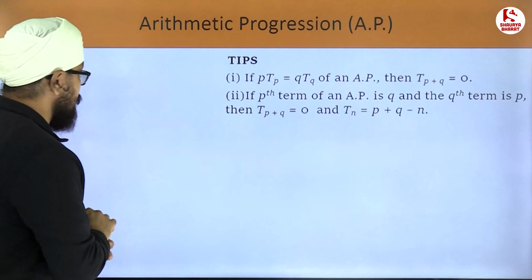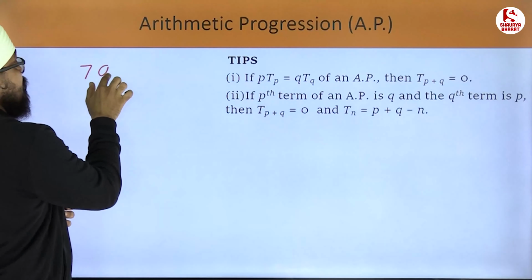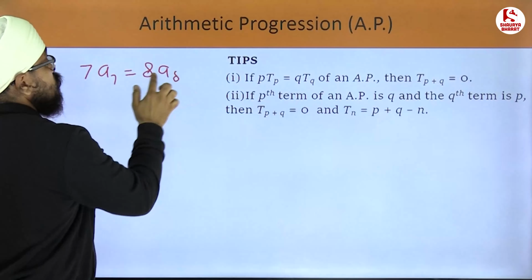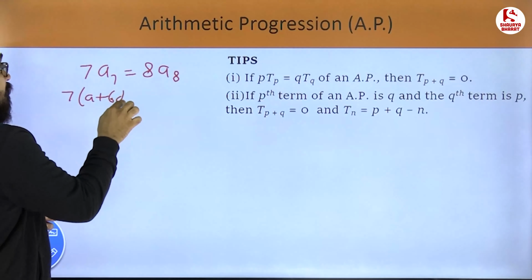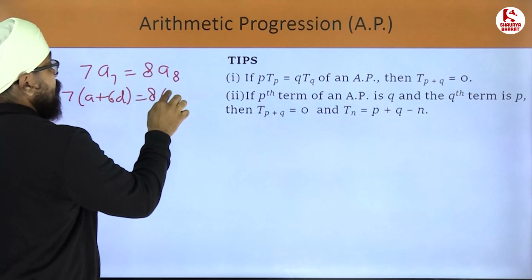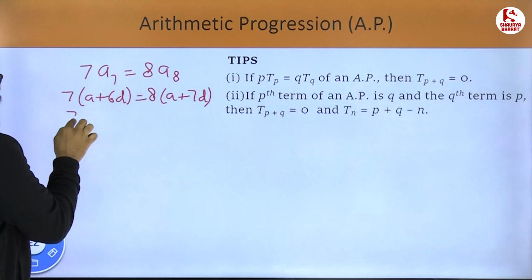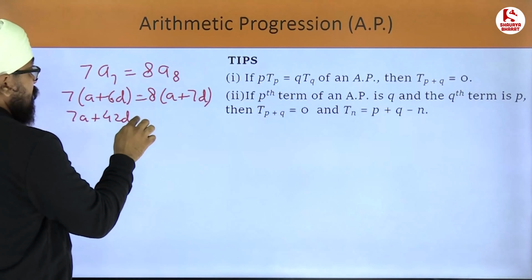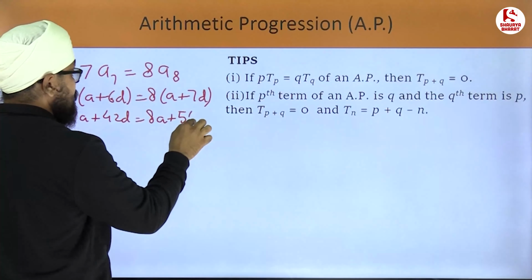And if you want to check the reason behind that, it is given that 7 times the 7th term is equal to 8 times the 8th term. So what is the logic behind that? It is 7 times (a plus 6d), this is 8 times (a plus 7d). If you just see these numbers, it is 7a plus 42d, that becomes 8a plus 56d.